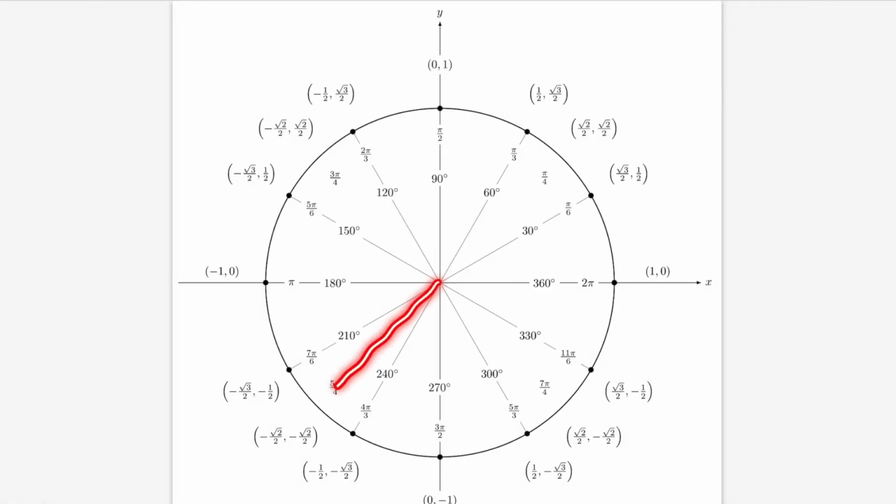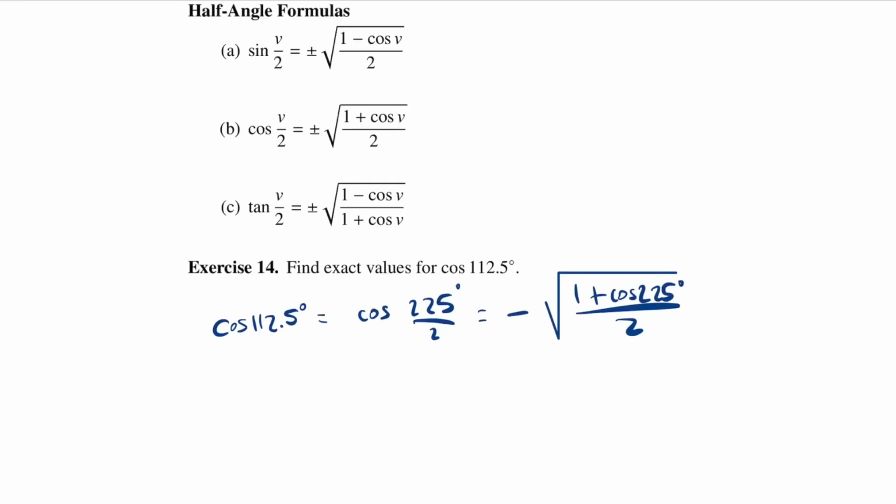The cosine is negative radical 2 over 2. I'm going to use that technique of changing this 1 to be 2 over 2, just so that we can have a lowest common denominator.